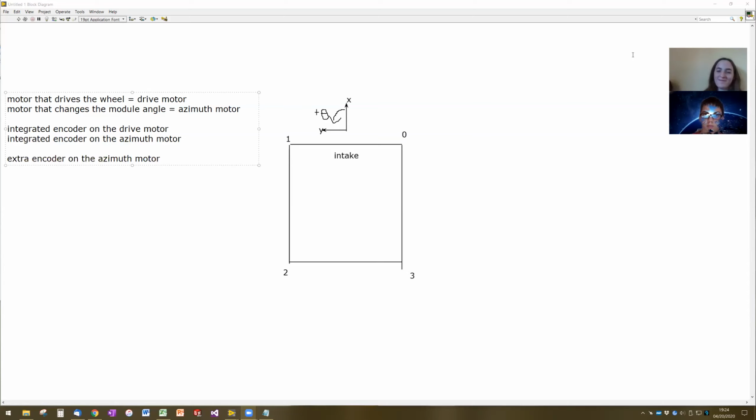I think Adam would be actually happier if there wasn't an extra encoder on the Swerve drive. We also need to get Adam a mic at some point so he doesn't have to type everything out.